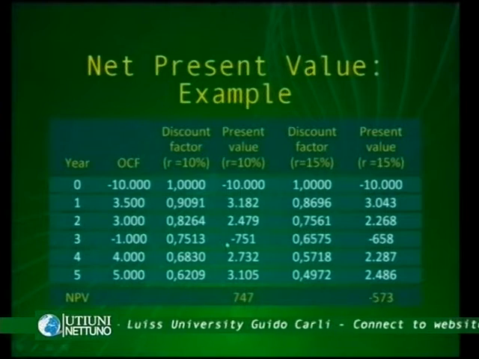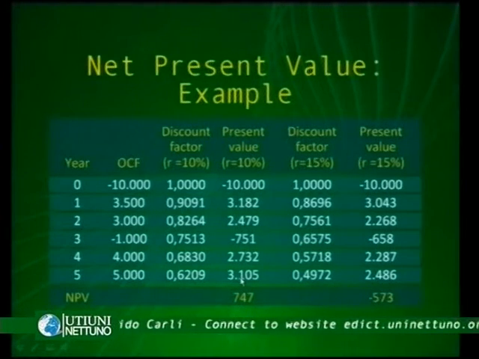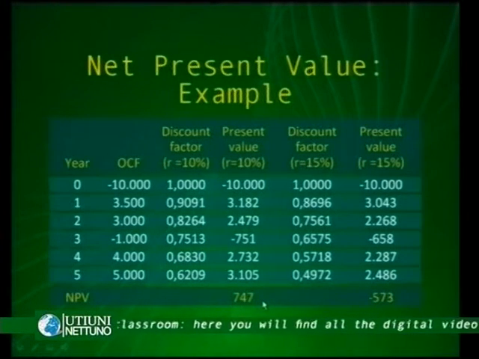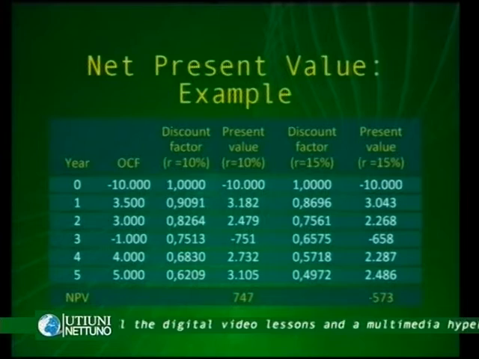And at this point, we can go with the third step of the calculation of the NPV, that is the sum of all the present values that gives us a result of NPV of 747 that is positive, and thus suggests that the project is convenient and therefore should be realized.